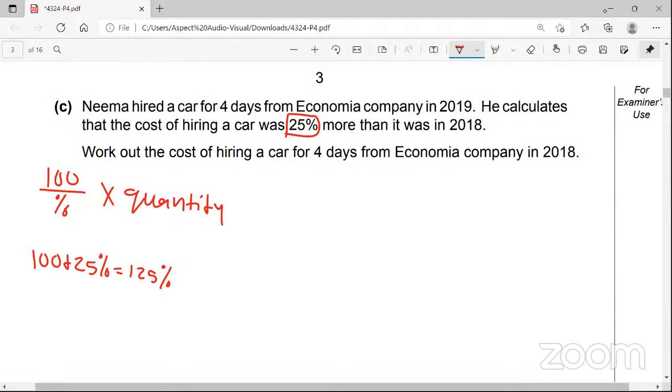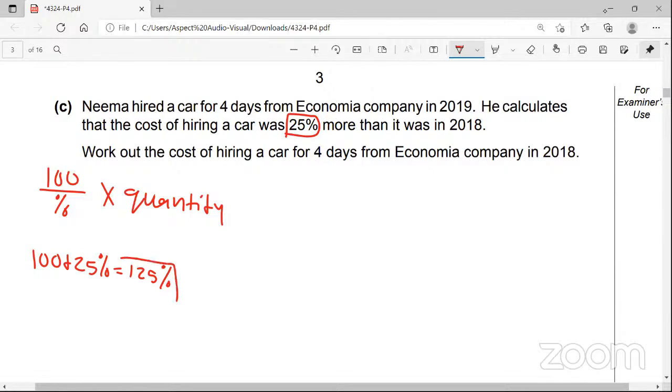Definitely, if you say 100 over 125 multiply the quantity, I don't know the quantity yet, but we will get the quantity. Even if you say 100 over 125 multiply the quantity, the amount will be less. But if it was a decrease, you would remove from the 100. Are we together? Okay. So now we need to find the quantity.